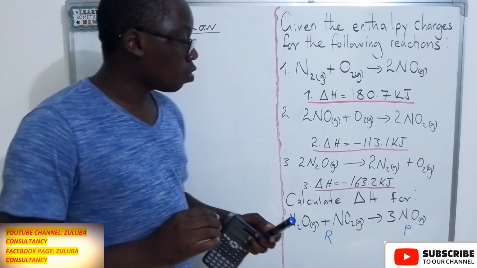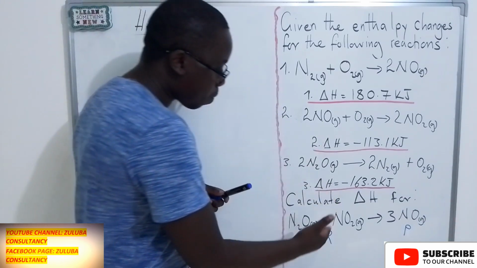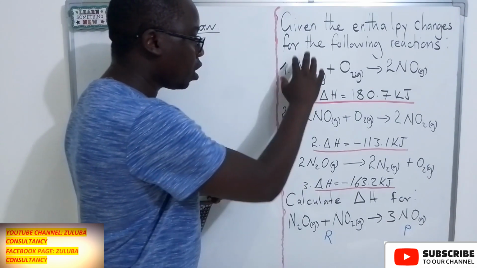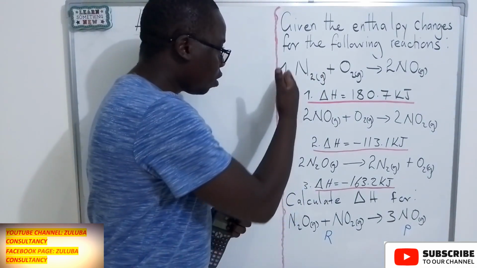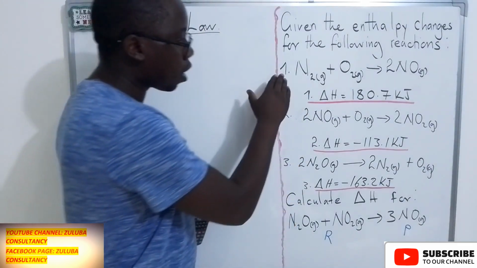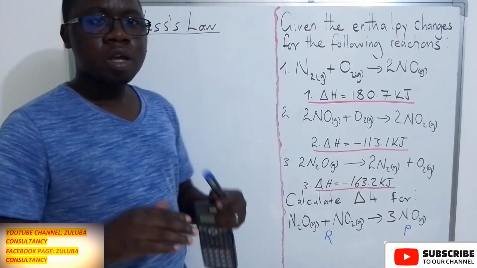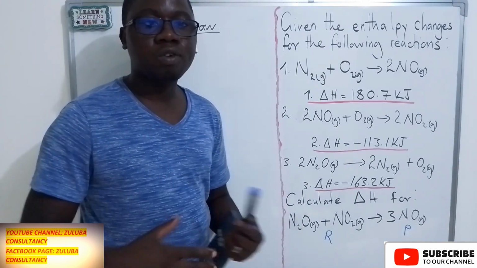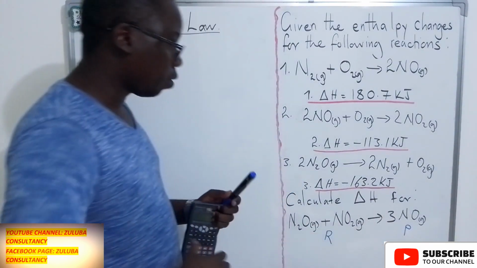Our goal is to use our analytic skills to come up with this equation using these three equations. So do not follow these equations in the step they are in, to say you should first start with this one, then followed by this one, then this one. Look at which equation you can start with to help you come up with the overall reaction.